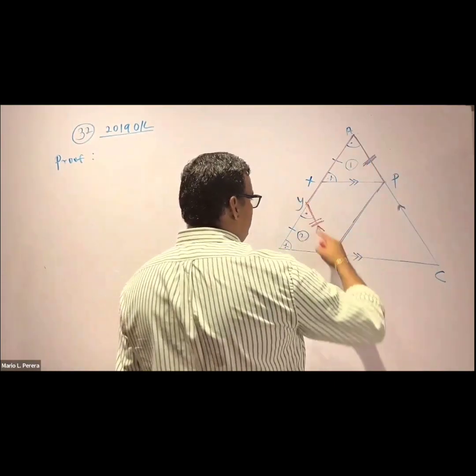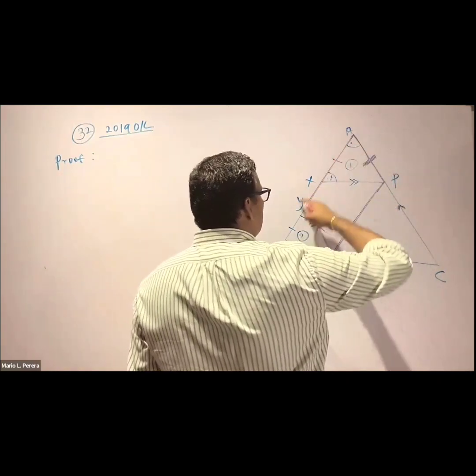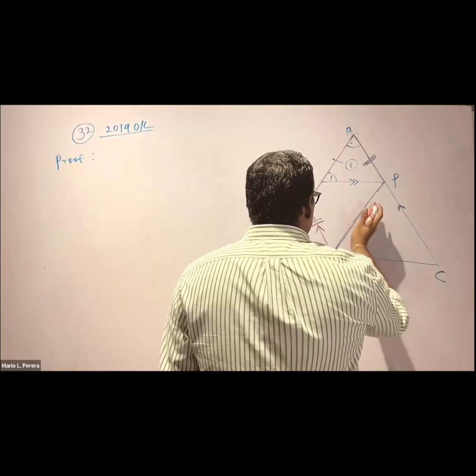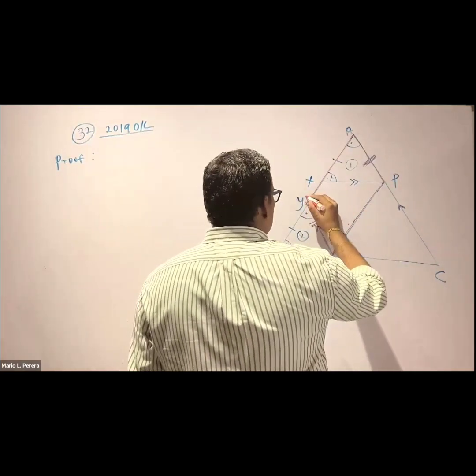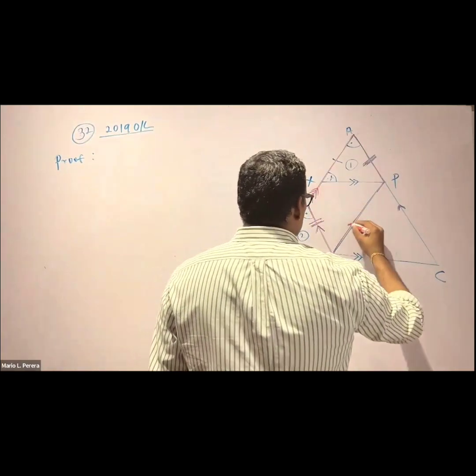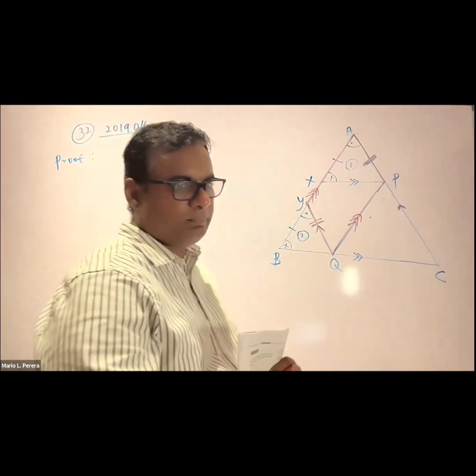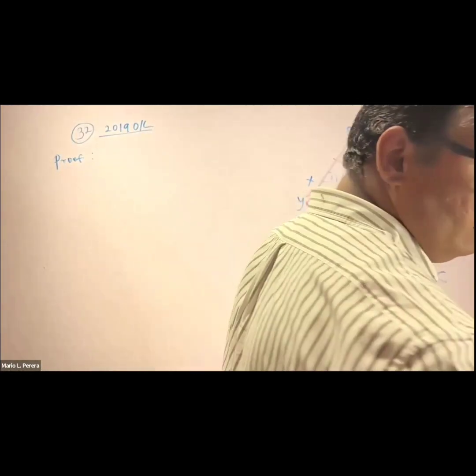So then we have enough evidence to say this is a parallelogram. If this is a parallelogram, certainly the opposite sides are parallel. As a result, we can say this side is parallel to this side. Are you clear?